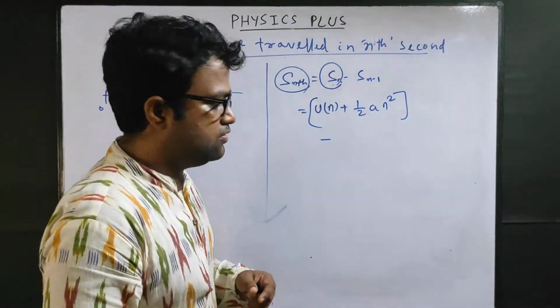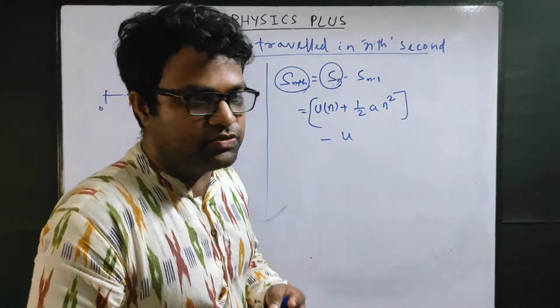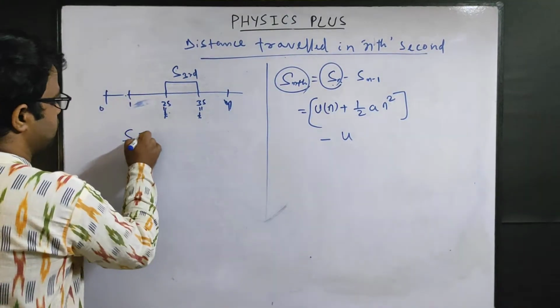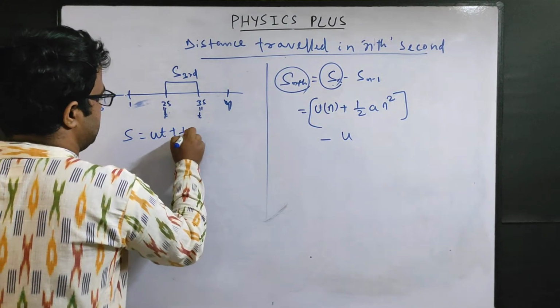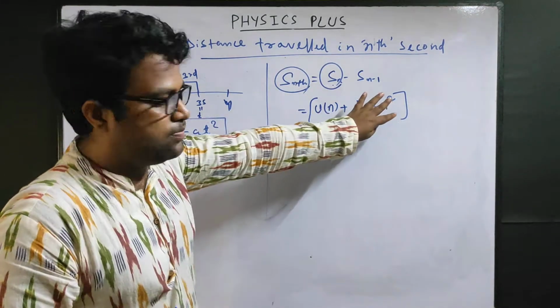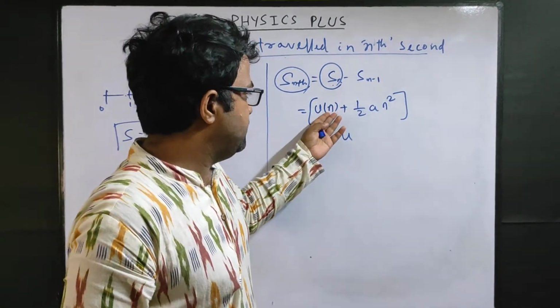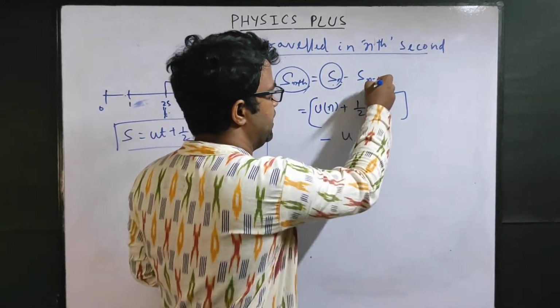Sn minus 1, that is from the equation s is equal to ut plus half at square, this equation of motion we are using here. So here the time is n minus 1.